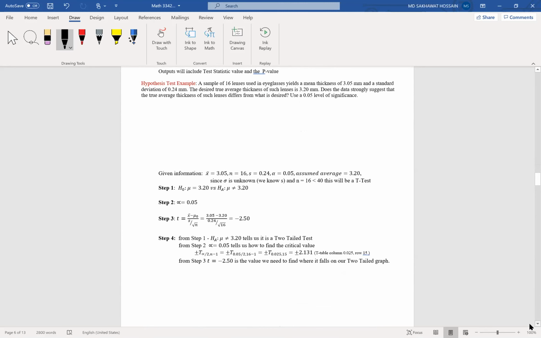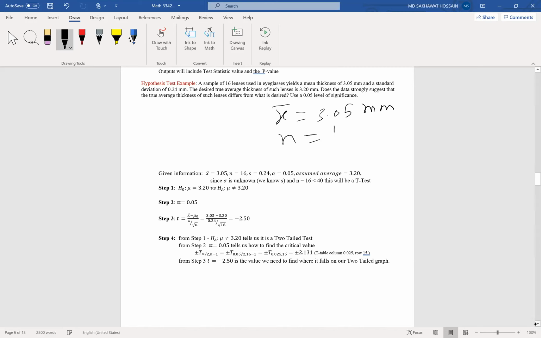Okay, so we have one more example here. A sample of 16 lenses used in eyeglasses yields a mean thickness of 3.05 millimeter. So the X bar is 3.05 mm.